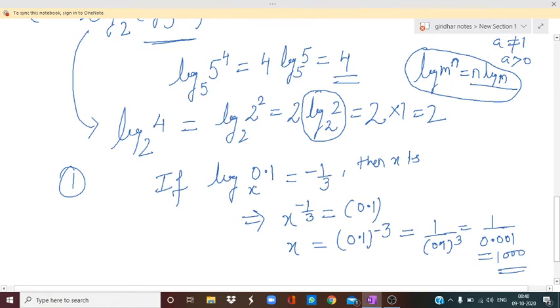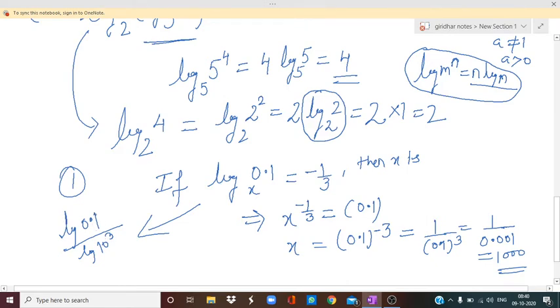You can check it here while putting the value of x also. Suppose I am putting here the value of x. So this is log 0.1 upon log 1000, that is log 10 to the power cube. And we write base change: log m by log a.